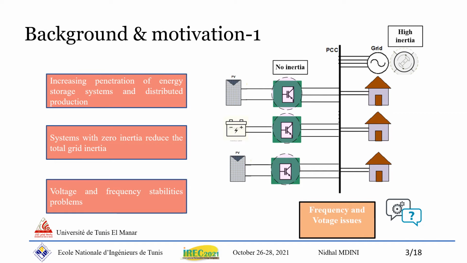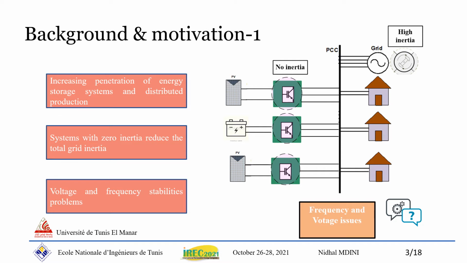PV and battery energy storage systems are among the most trending distributed energy systems for residential applications. Energy production in the traditional grid was ensured by rotating machines which have considerable inertia, but PV and BESS systems are zero inertia systems. So, the increasing penetration of energy storage systems and distributed production leads to a reduction of the total grid inertia.